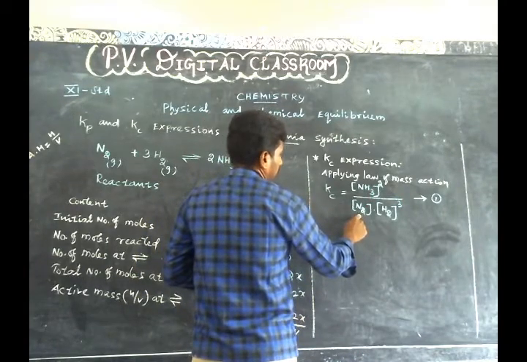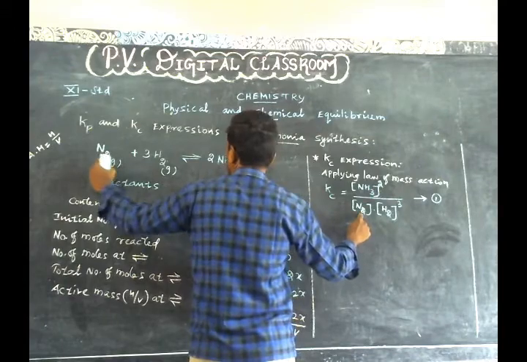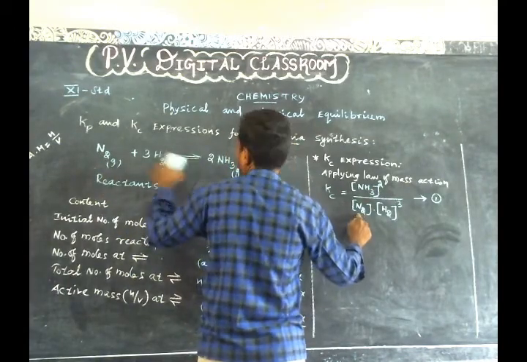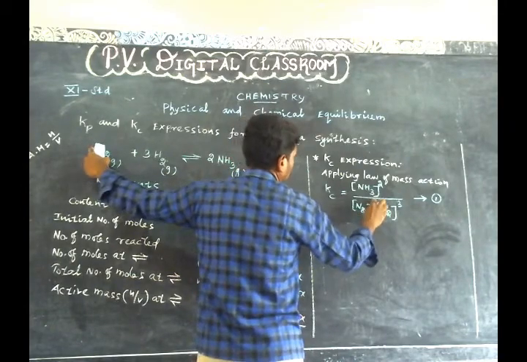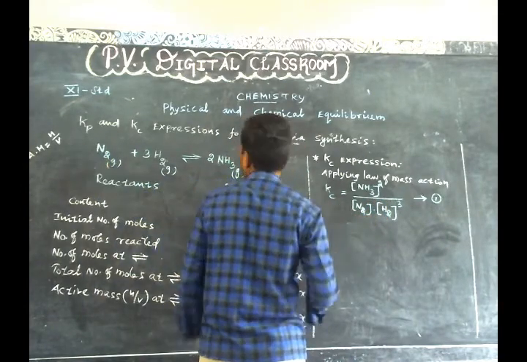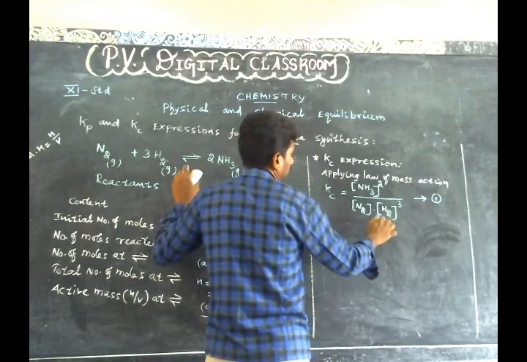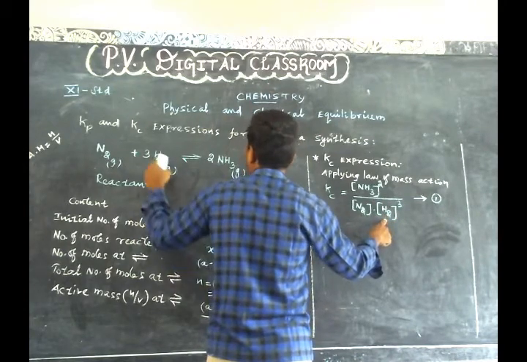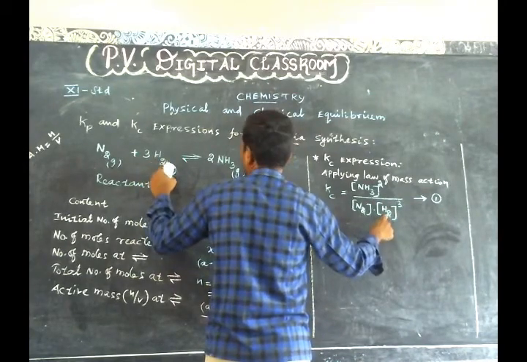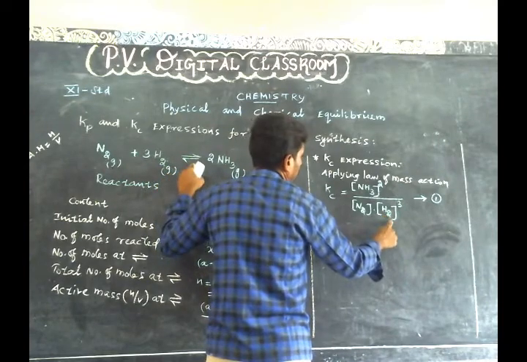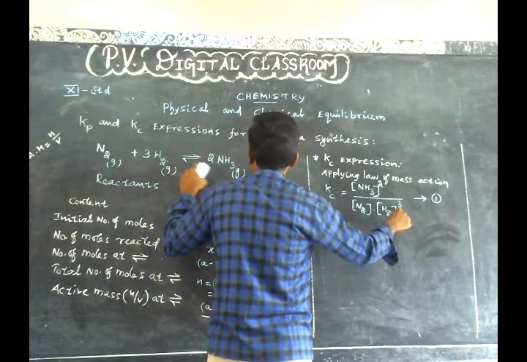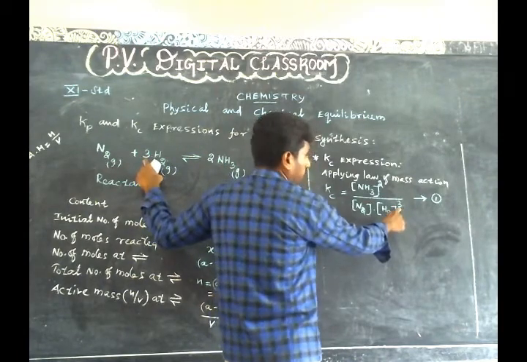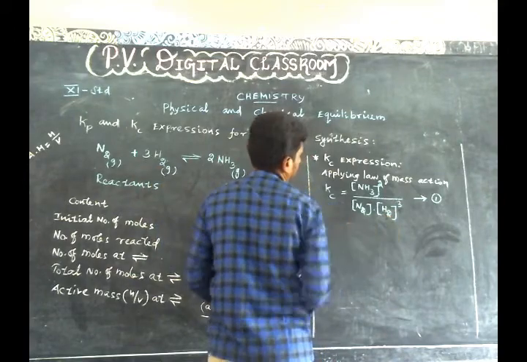This term represents the active mass of nitrogen gas at equilibrium, whose stoichiometric coefficient is 1. And this term represents the active mass of hydrogen gas at equilibrium, and this number 3 represents the stoichiometric coefficient of hydrogen gas.